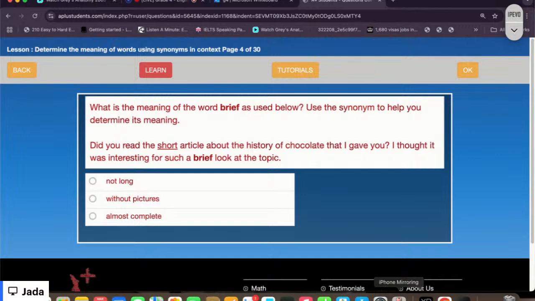So we have brief. Is it not long, without picture, or almost complete? What do you think?